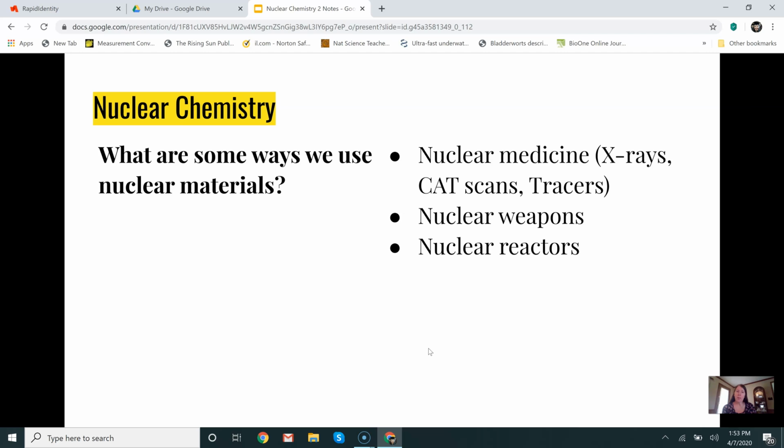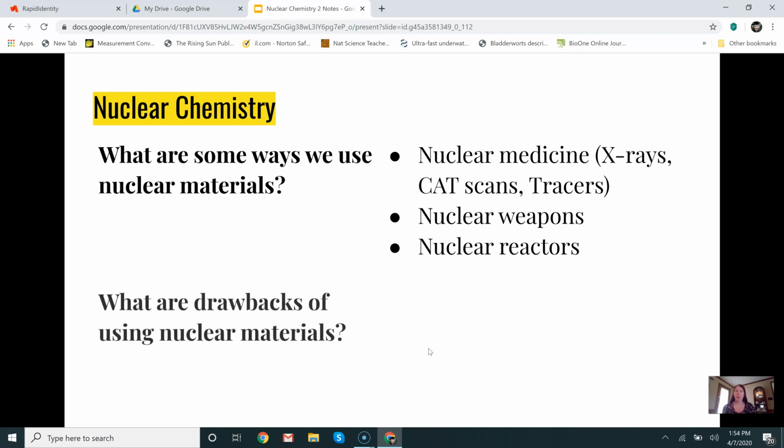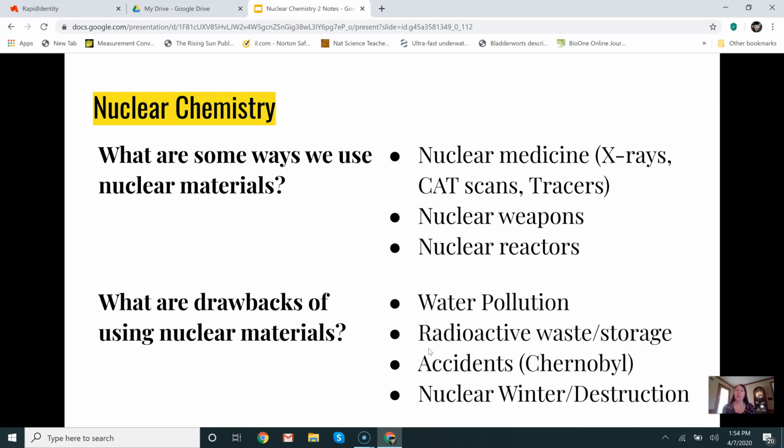And we see nuclear reactors all over our country. And if you do wind up going into the military, you may wind up working on a nuclear sub or something like that. So there are many ways that we can come into contact with the use of nuclear materials.